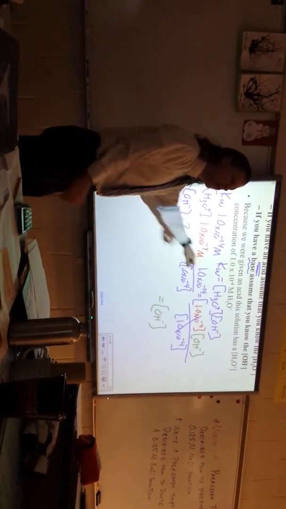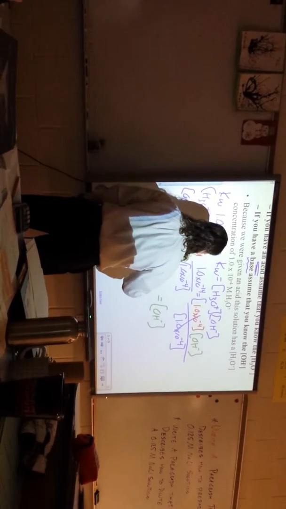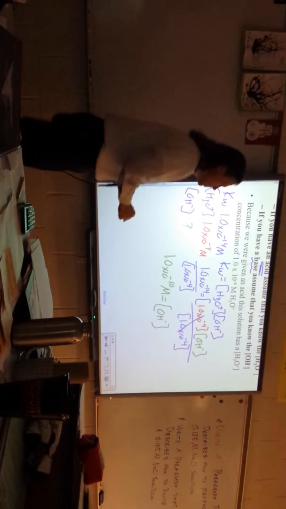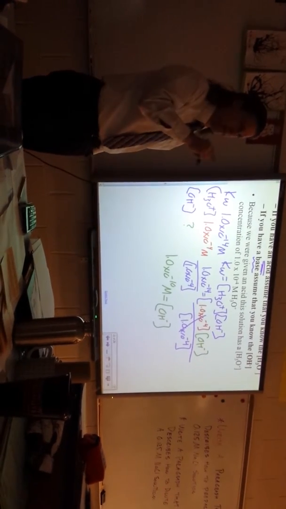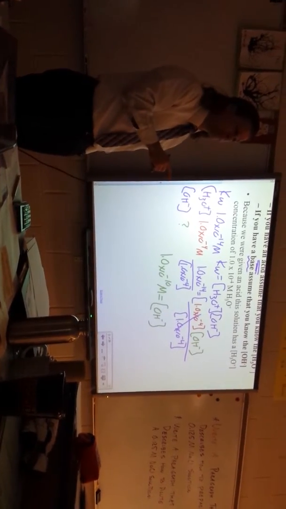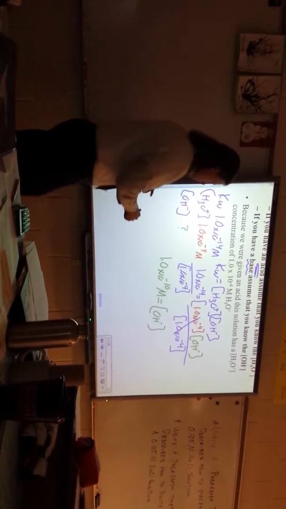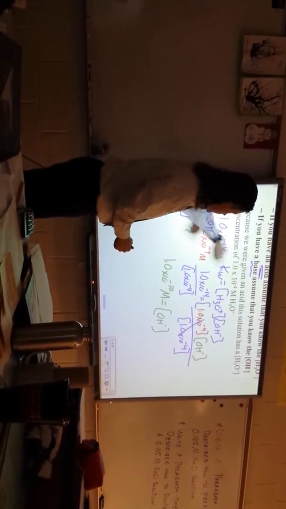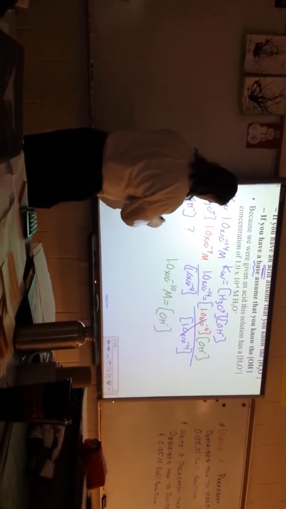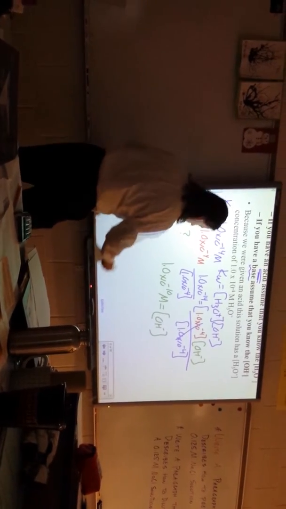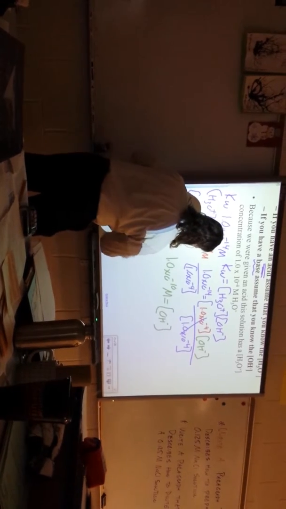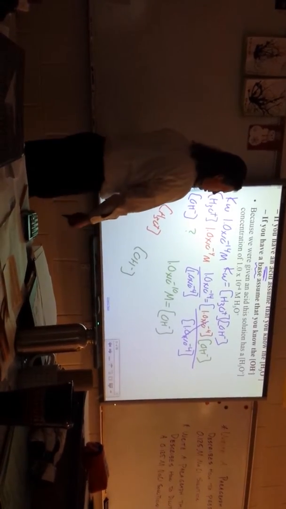When I divide this out, I get a concentration of 1.0 times 10 to the minus 10. Now, to go back to the fact that this is an acid, as we were given before, H3O plus, OH minus, which one's bigger?